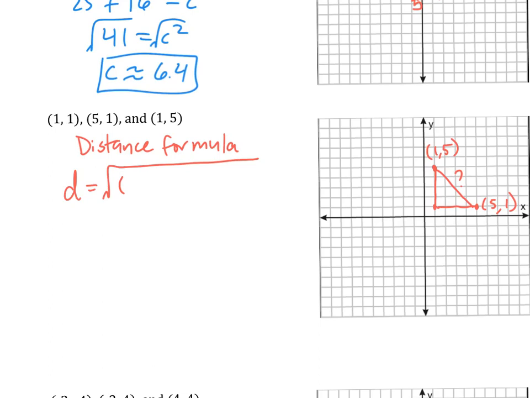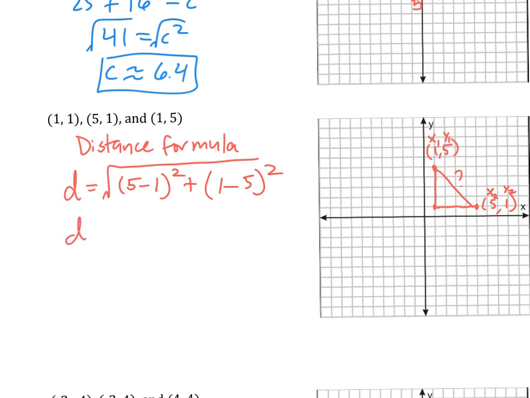So we'll say d is equal to the square root of, we have to subtract the x values. I'll say this is x2, 5, minus x1, which is 1, and then square that, plus y2, which is 1, minus y1, which is 5, and we'll square that.